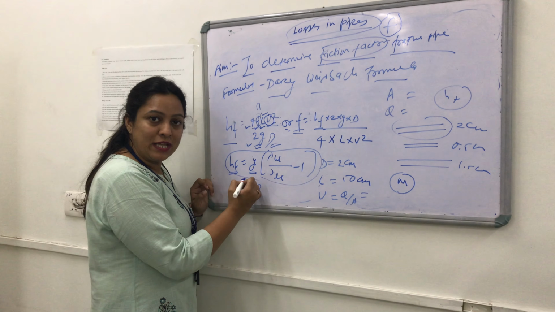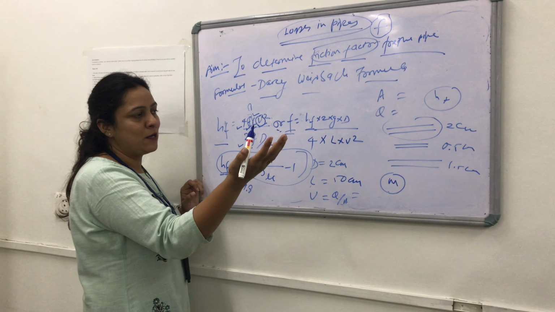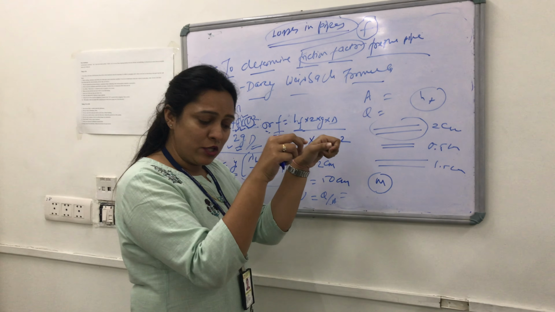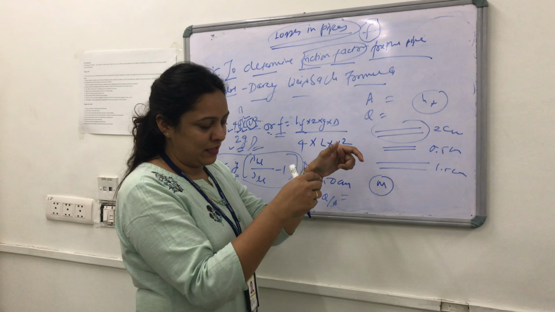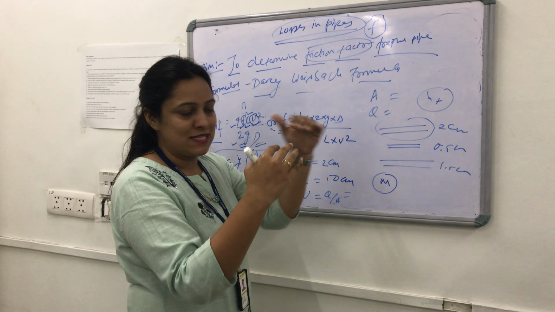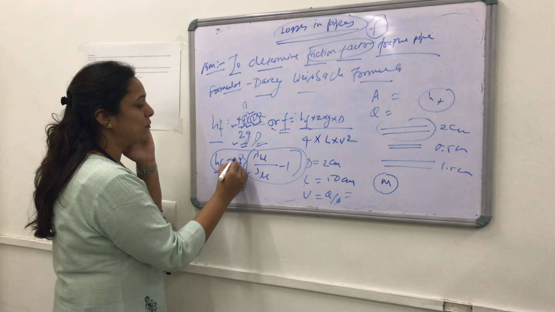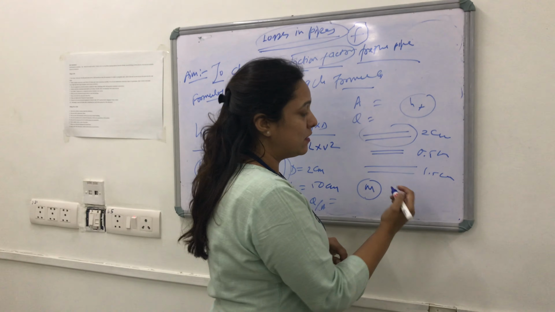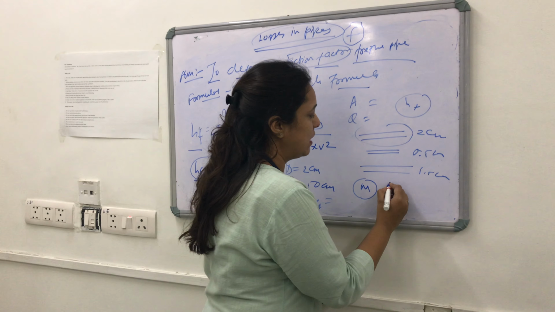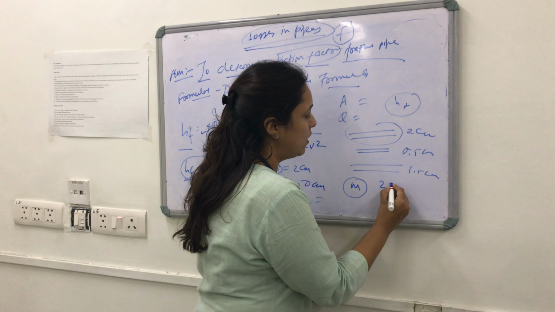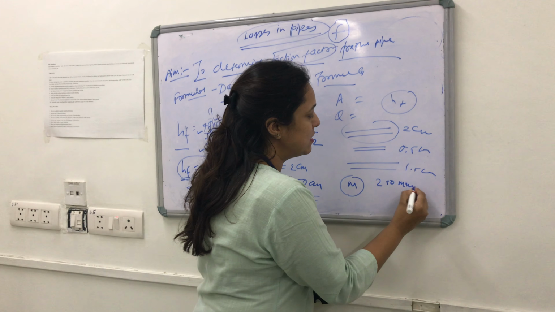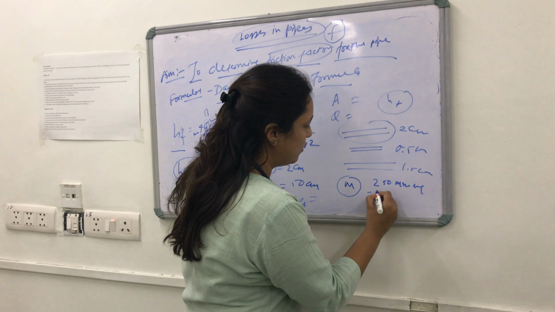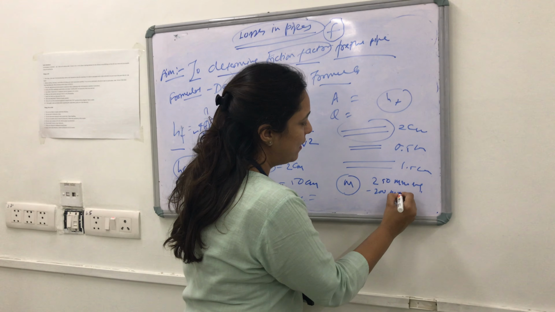Here we will be putting the value of y, which was observed when I opened the right limb and the left limb, so we have observed the distance, right? So this is something y which we need to keep over here. The obtained reading which we have is 250 mmHg in the left limb, and in the right limb, minus 200 mmHg.